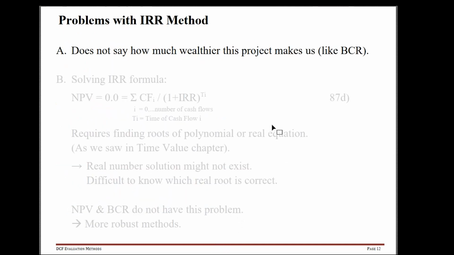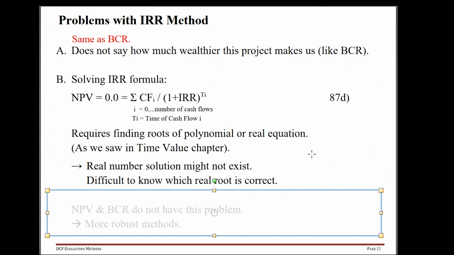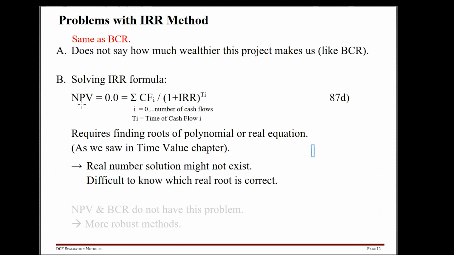So the IRR method has a couple of problems. Problem number 1 is the same as the BCR method: it does not tell us how much wealthier a given project is going to make us. But it's got another problem, which is actually much bigger. When we're solving something like this equals 0, we're finding the roots of a polynomial or a real equation.